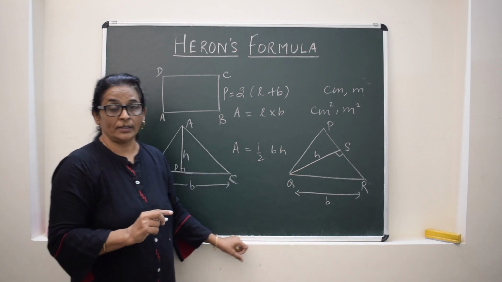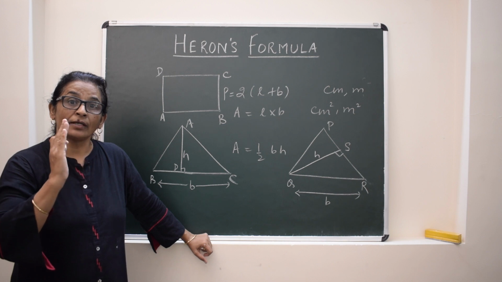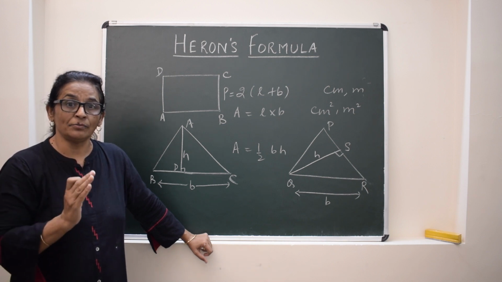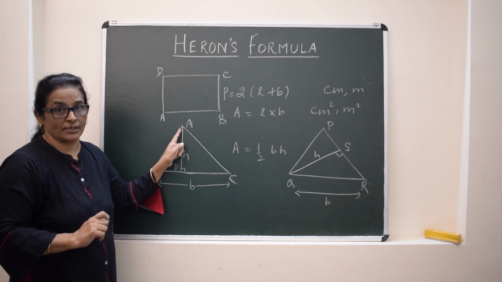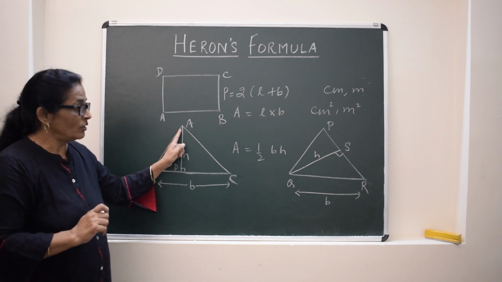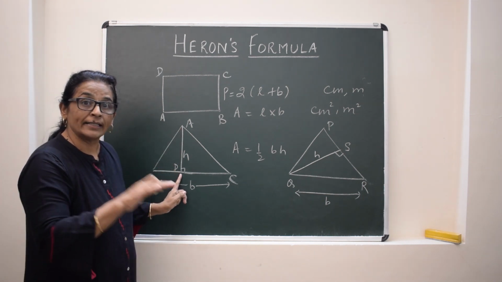So what is important? Whichever base we are considering, its corresponding height should be given. Height means the altitude. Altitude means a perpendicular dropped from the vertex to the opposite side.